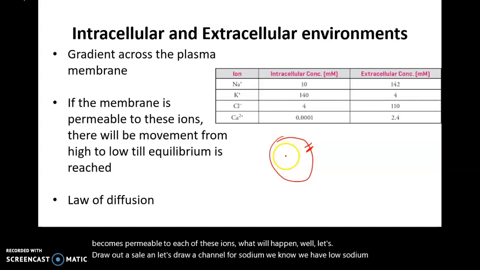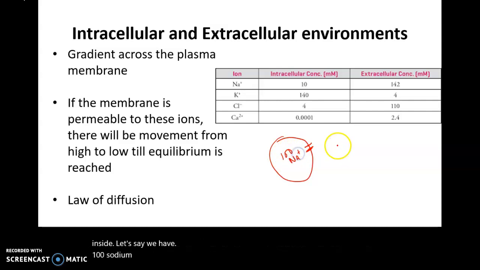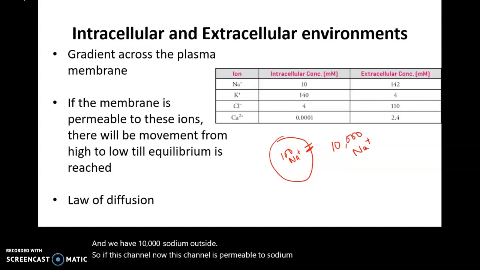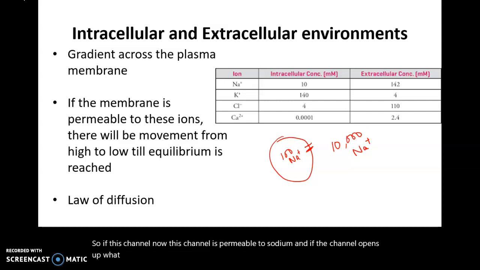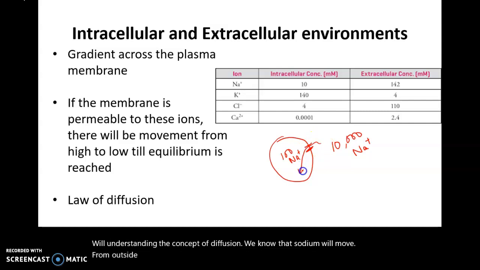Let's say we have 100 sodium inside and we have 10,000 sodium outside. So if this channel is permeable to sodium, and if the channel opens up, which way will sodium move? Well, understanding the concept of diffusion, we know that sodium will move from outside to inside, right?